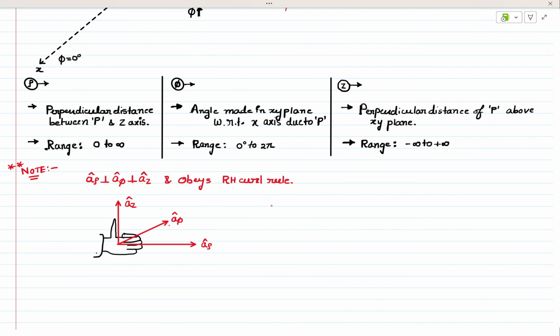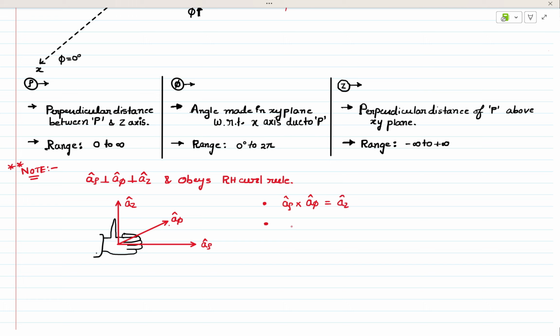So that's why I can say that a rho cross a phi, according to the right hand curl rule, equals what? That is nothing but the a z.